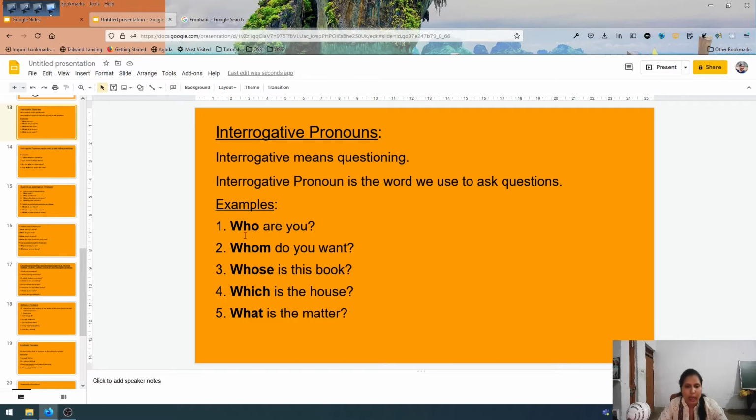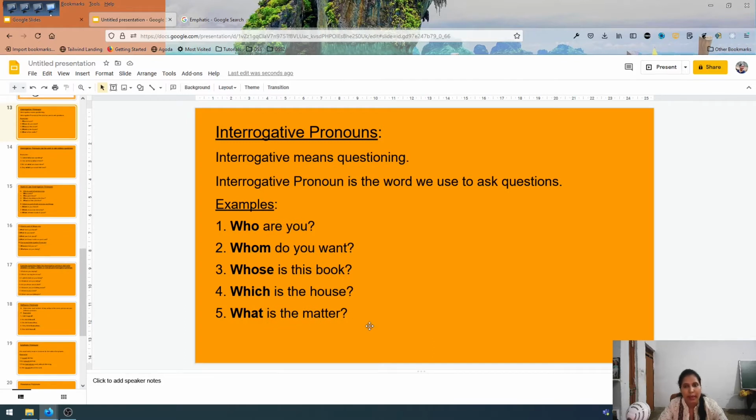So here I have given you some examples to make it clear. Who are you? Here who is an interrogative pronoun. Whom do you want? Whose is this book? Which is the house?